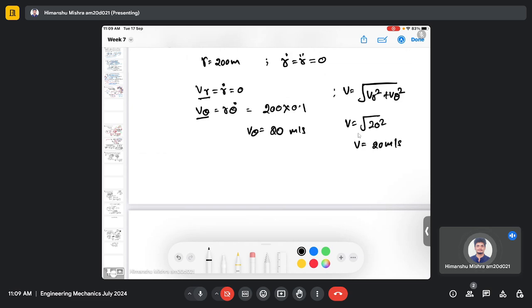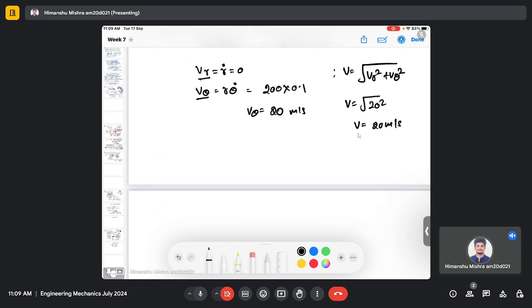Similarly, we can write down the expressions for the components of acceleration in the polar coordinate that we looked at in the previous class.